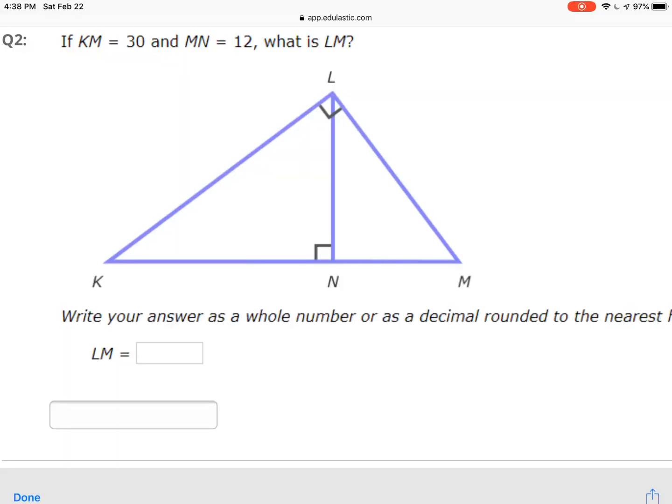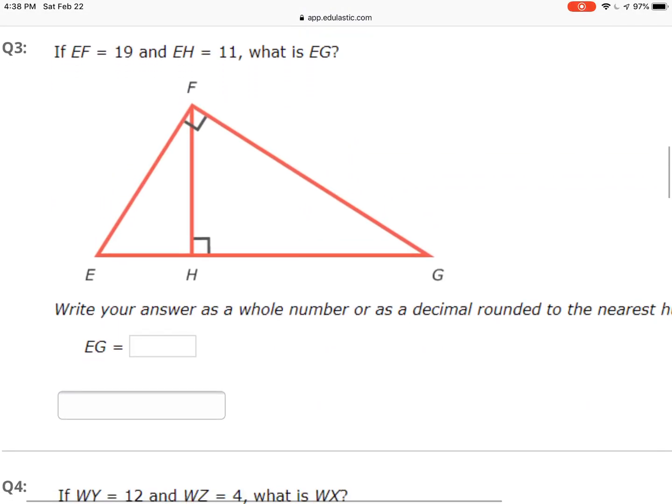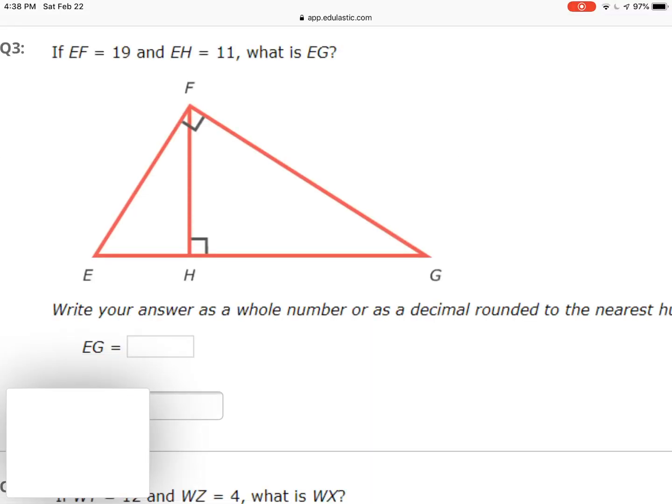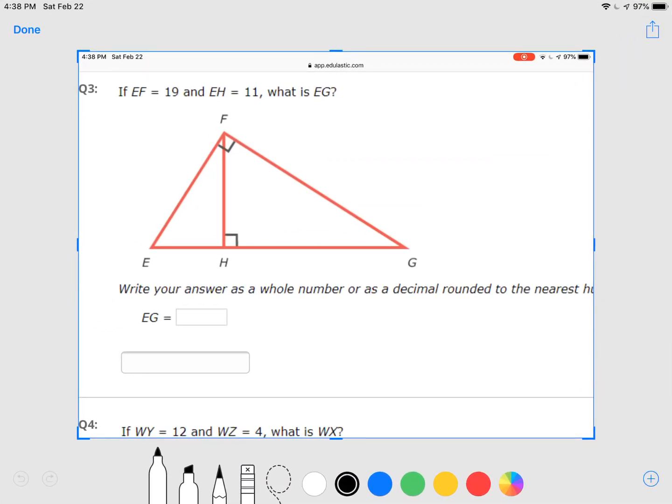Okay, next. All right, they're telling us EF is 19. Let's call this A. EH is 11. We'll call that CA. And they're looking for EG, which is the entire bottom side, which is C. So the correct equation is going to be A squared is equal to C times CA.